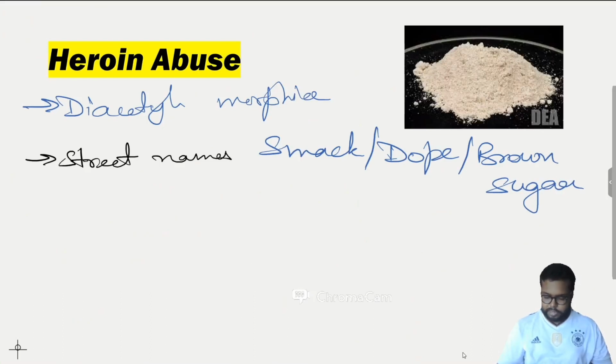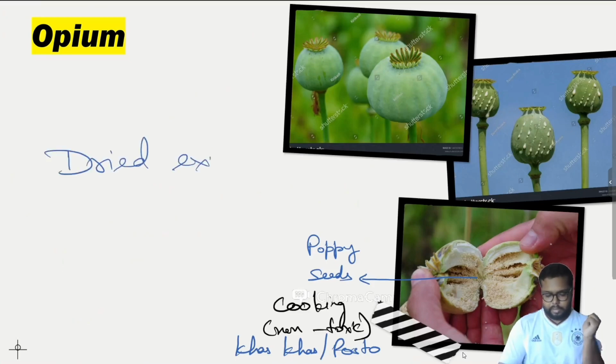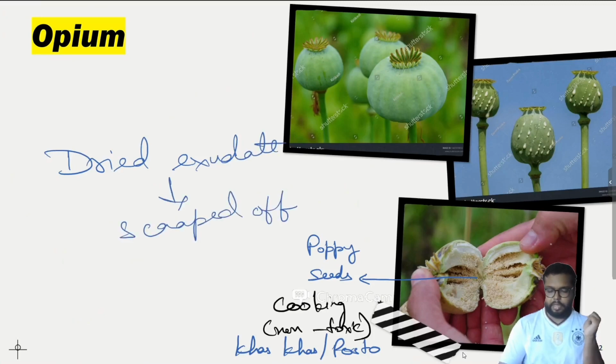If you notice, as I have told, this dried exudate will be scraped off. This dried exudate which is scraped off is known as crude opium.